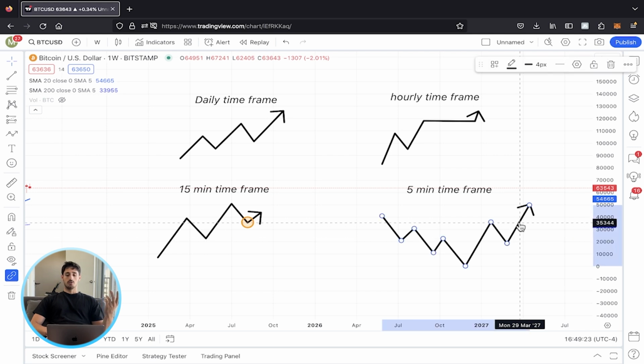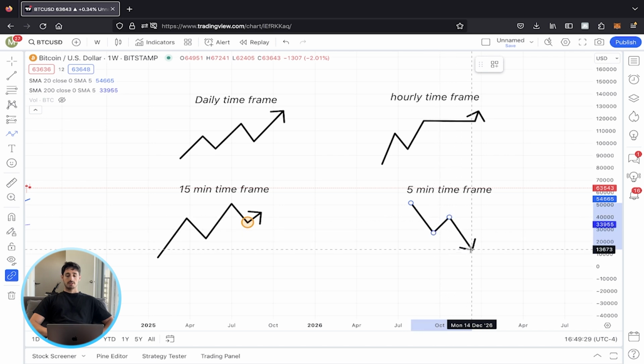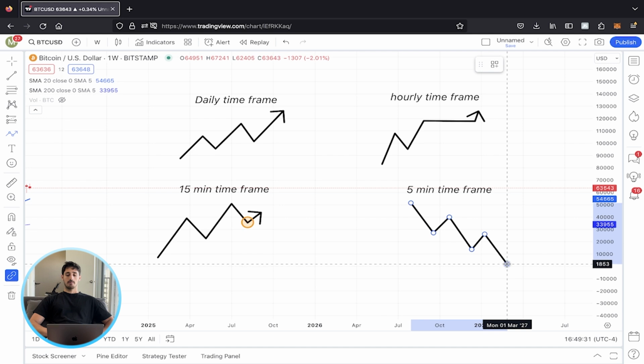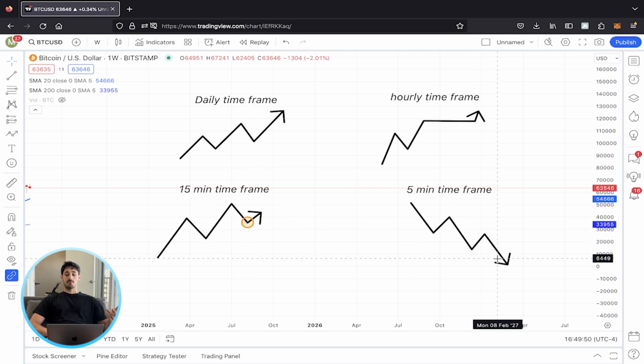Another thing you can do, and personally, I don't really do this all that often, but this is an option. Let's say the 5-minute is downtrending, but it looks really good on the 15, right? And it looks really good on the daily and hourly. What you could do is enter with half of your size. Let's say you were going to get 100 shares for this trade. You get in with 50 shares here while the 5-minute is still downtrending.